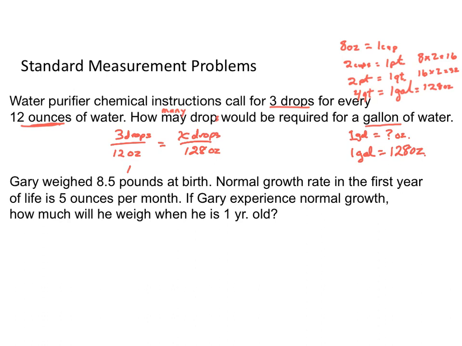Remember, it's going to be 12x equals 3 times 128. I'm not going to multiply for you. You can do that. But after you are done multiplying 3 times 128, you have to divide by 12. And after you write that answer, don't forget to label that as drops per gallon.